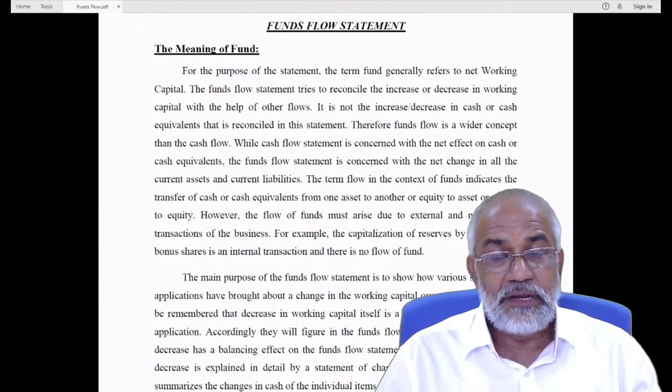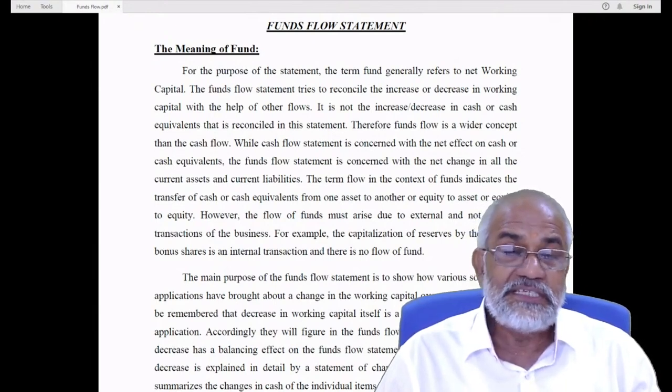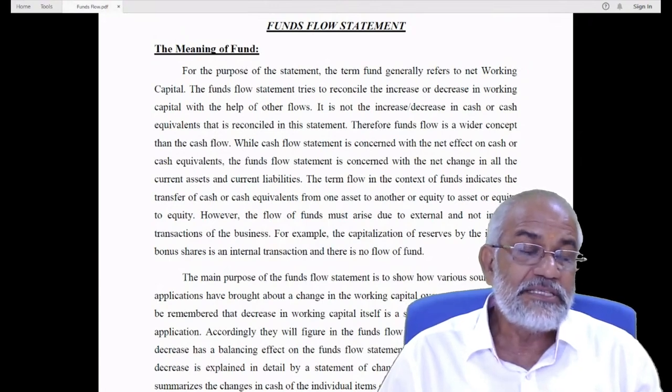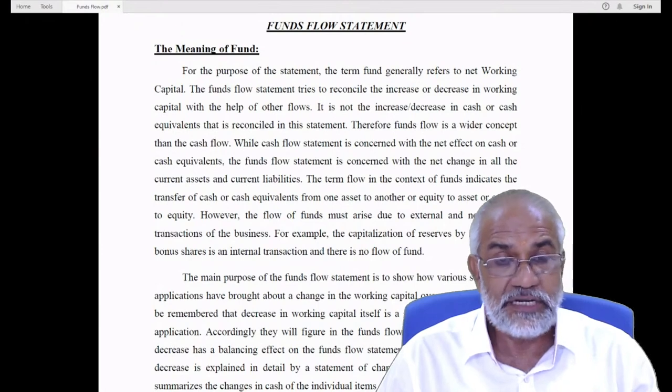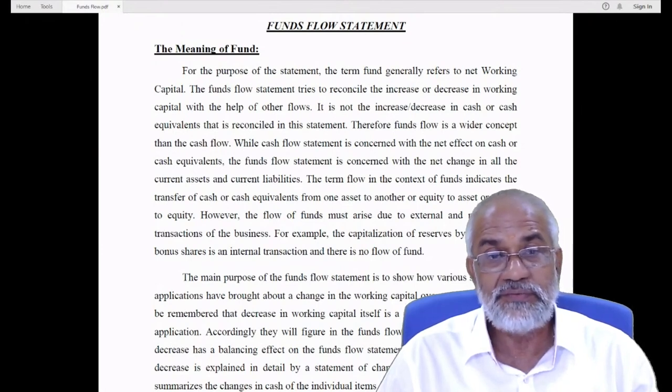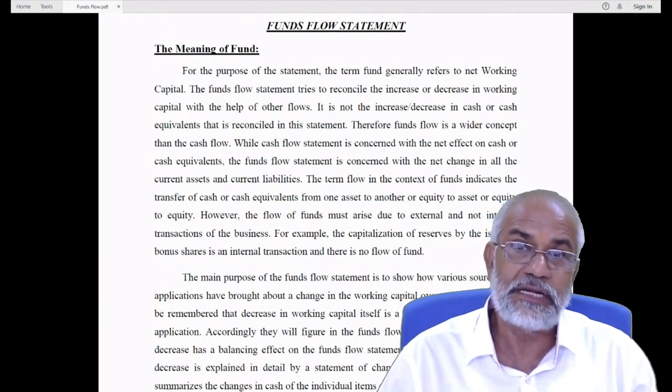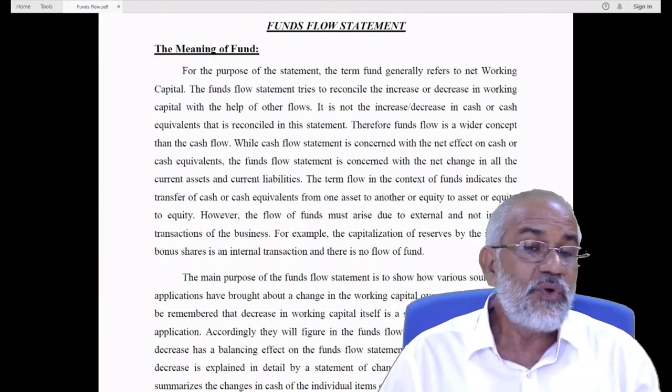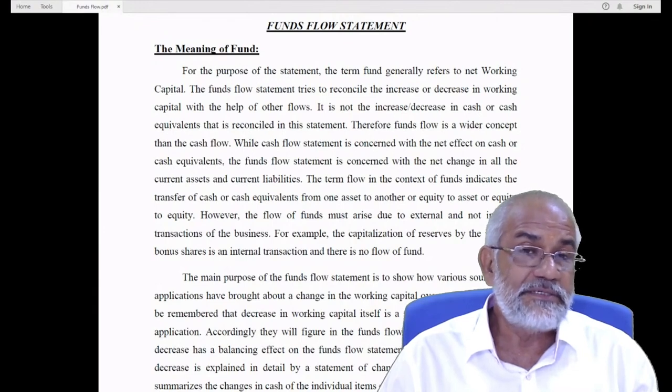So the exact terminology used for fund is net working capital. That means the equation of net working capital is current assets minus current liabilities, which is otherwise called the free current assets or net current assets or excess of current assets over current liabilities. That is the meaning of the term fund.